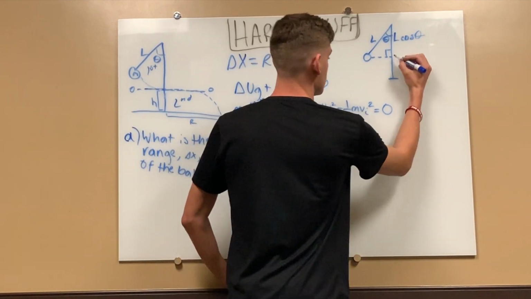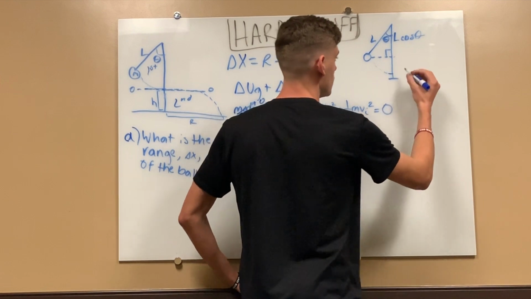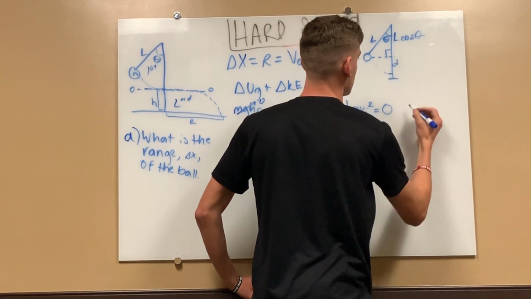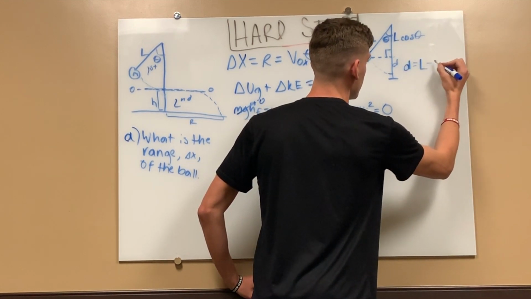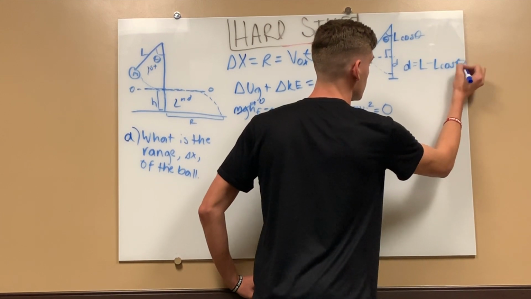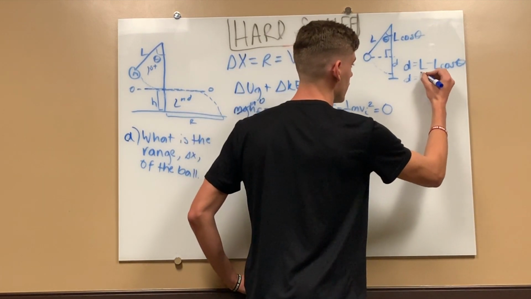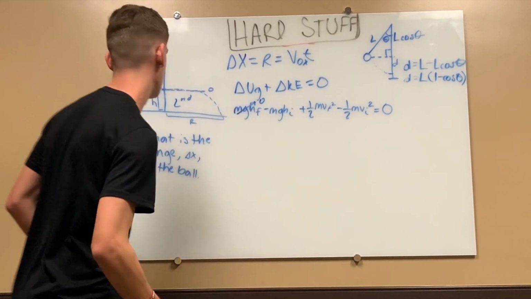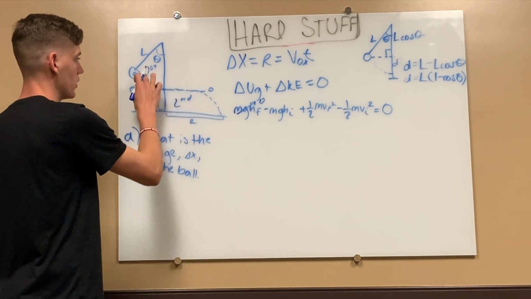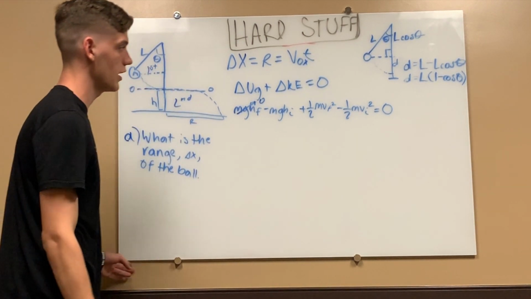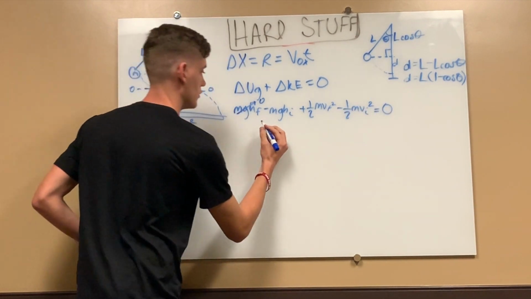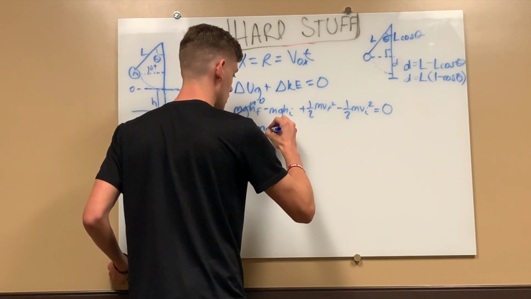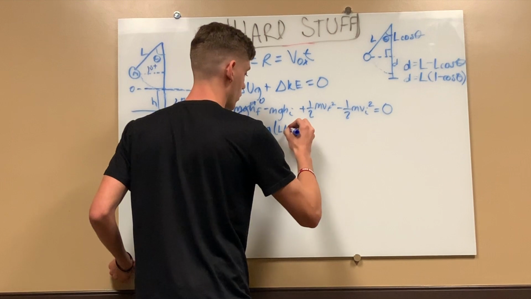And we know that this height that it drops down to will just be, we'll call it D. D equals L minus L cosine theta, or D equals L times 1 minus cosine theta. So the initial height of this ball, when it's right here, is L times 1 minus cosine theta. So I'm just going to plug that in for our initial height: negative mg L times 1 minus cosine theta.